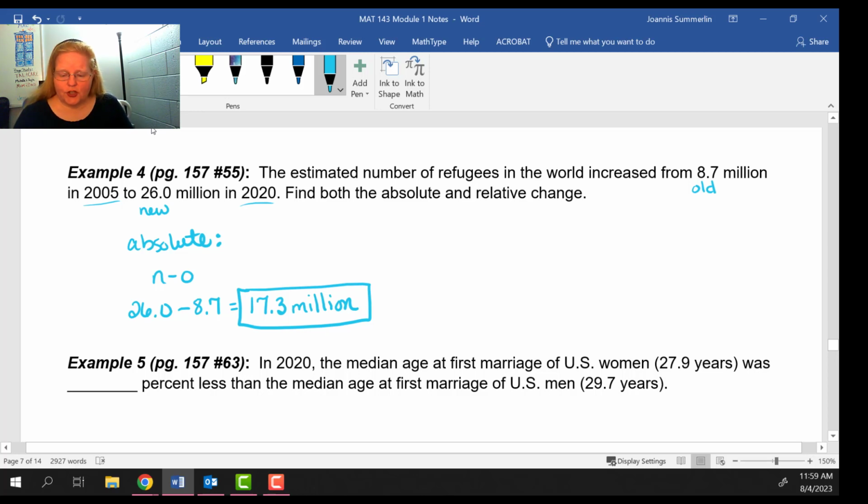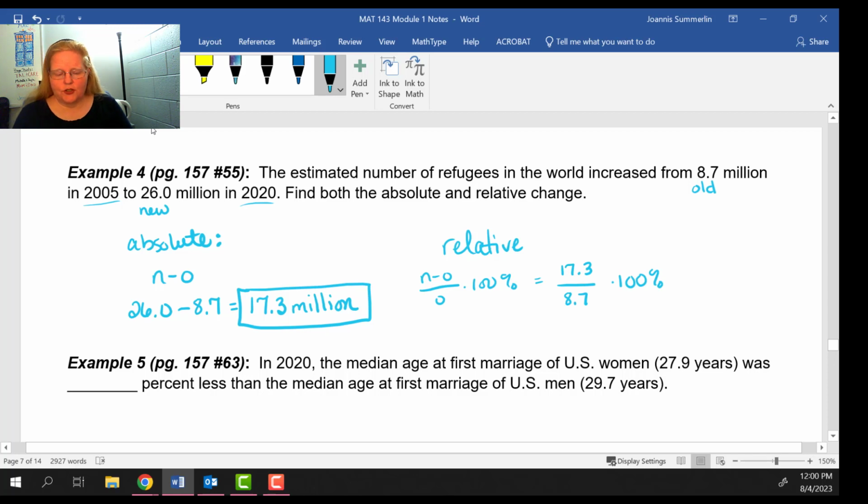For the relative change, we have N minus O over O times the 100%. So that's going to give me the 17.3, because that's what we just said N minus O was, over my 8.7, because that's what the O is, times the 100%. You're going to want to do this division in your calculator before you ever multiply it times 100.